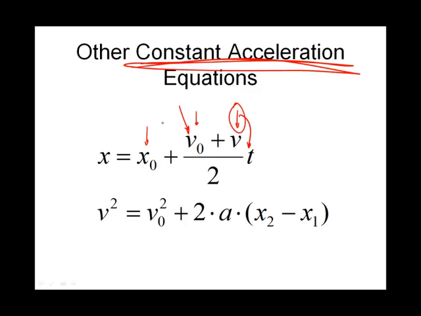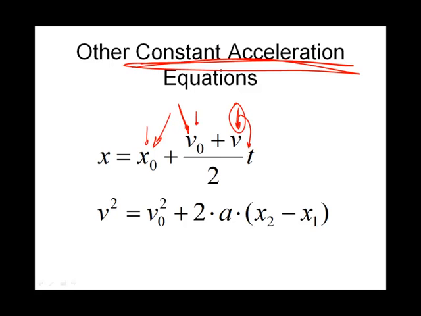This is the velocity at time 0. This is the position at time 0. That's what I mean by v naught, or v sub 0, x sub 0. Those are positions and velocities at time t equal to 0. So position equals initial position plus, take the initial velocity plus the velocity at the later time, divide those by 2, multiply that by t.